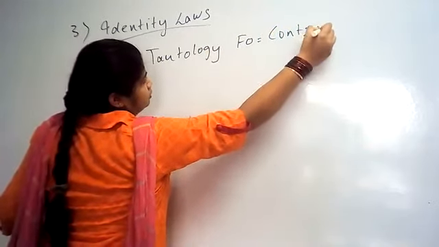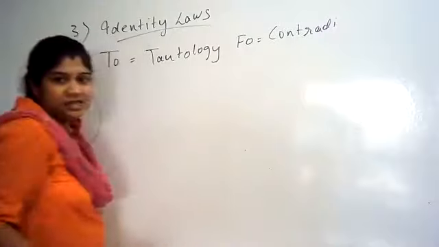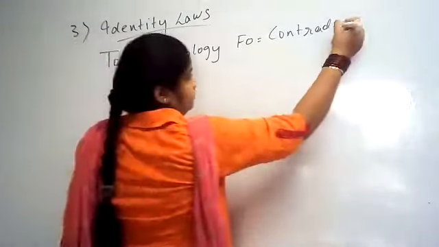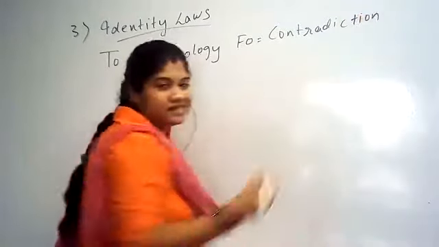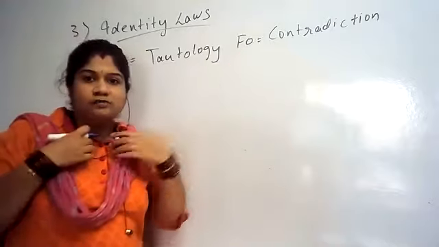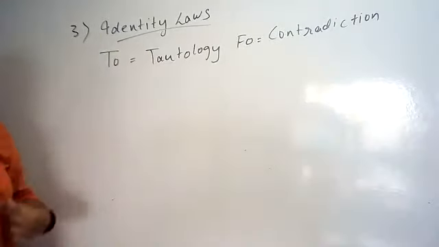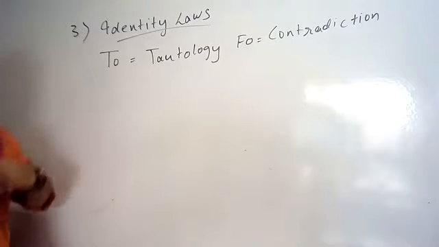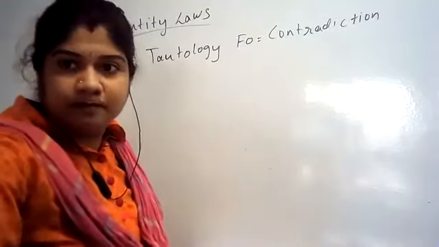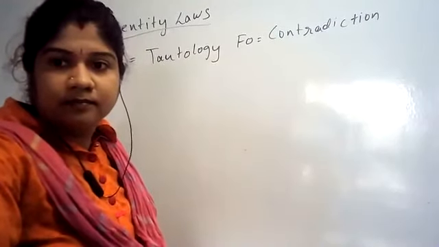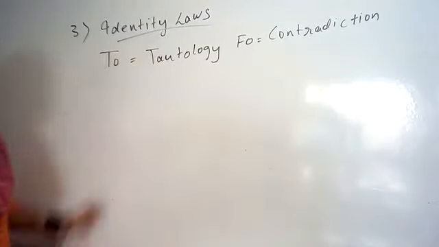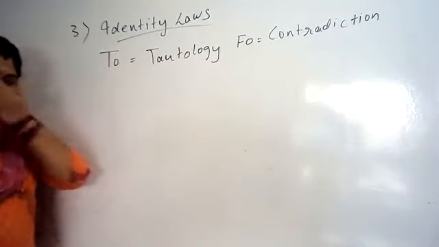T0 is like true. True means tautology. F means false. False means contradiction. So T0 means tautology, and F0 means contradiction. You need to remember T0 and F0.